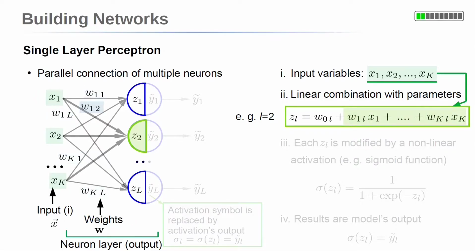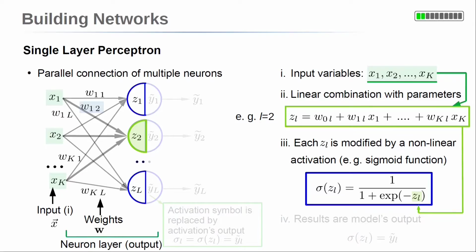The summation over all variables together with the y-intercept term w0l gives the neuron's summation zl. The y-intercept term is individual for each neuron, so it is subscripted by L. But it has no connecting input variable, so we set the first index 0. The y-intercept parameters are also called biases.